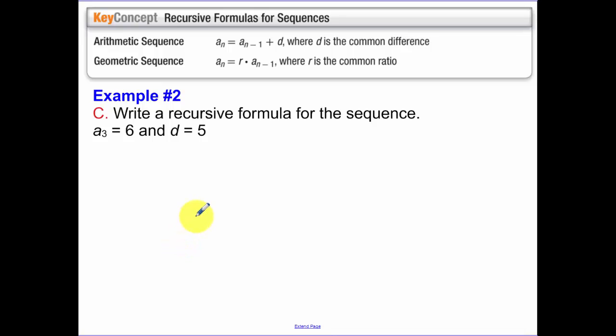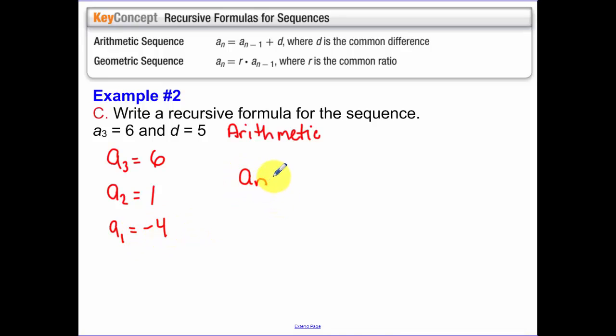Okay, next. Write a recursive formula for the sequence where I give you the third term and I give you the common difference. So we know that this is arithmetic. If I know the third term is equal to 6, I now know that the second term is 5 less than that, so that's going to be 1, and our first term is 5 less than that, which is negative 4.